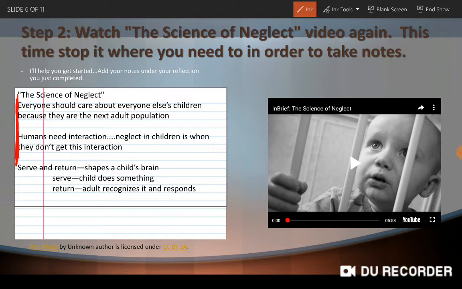But then this right here is indented, and so is that, right? Because defining serve and defining return helps to illustrate this bigger idea of serve and return. That's why it's indented, because it's supporting. These are minor details that support the major idea.